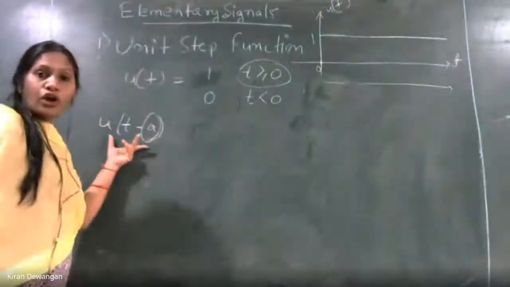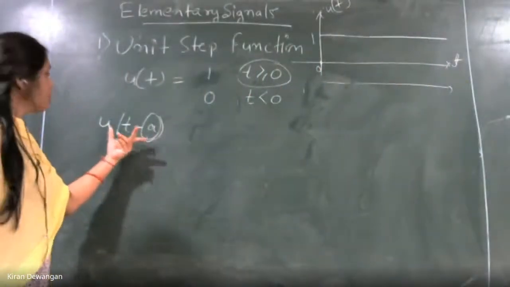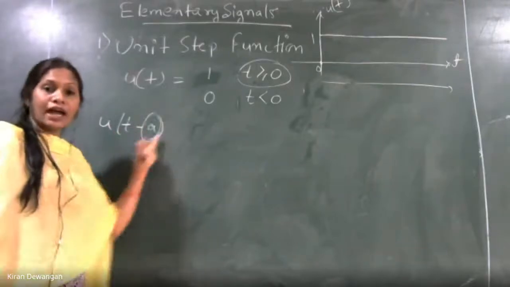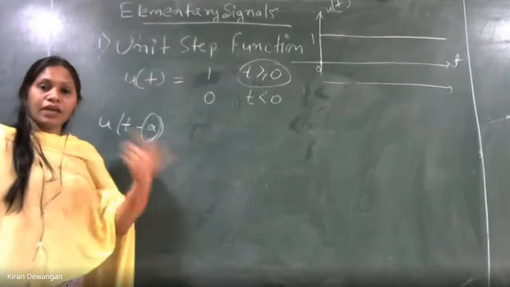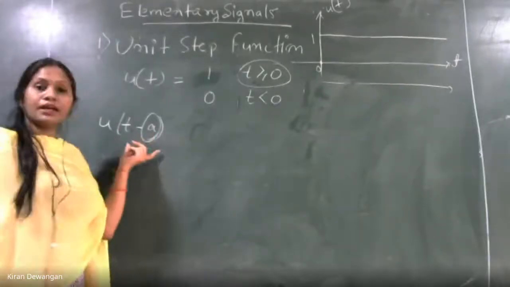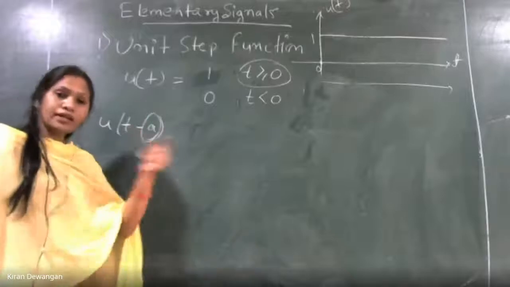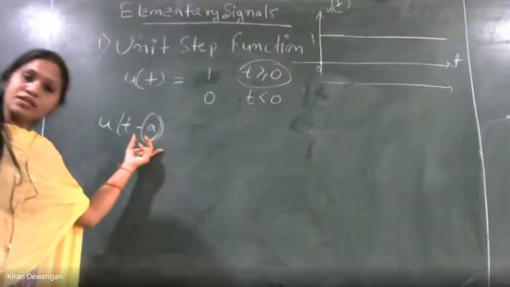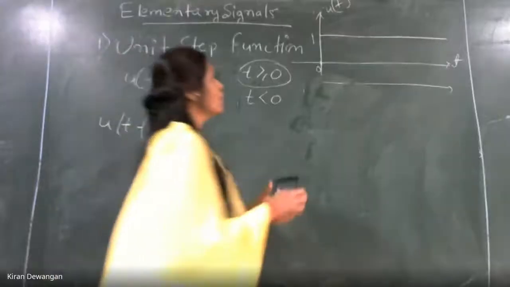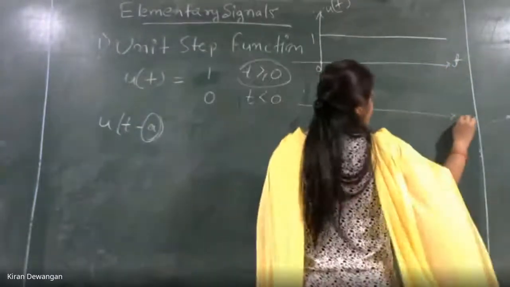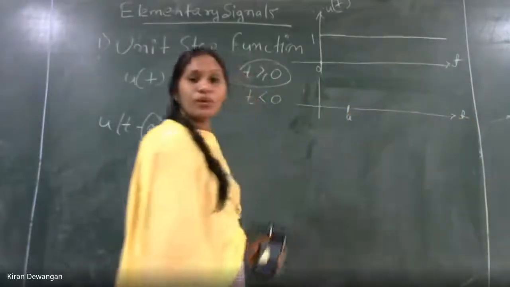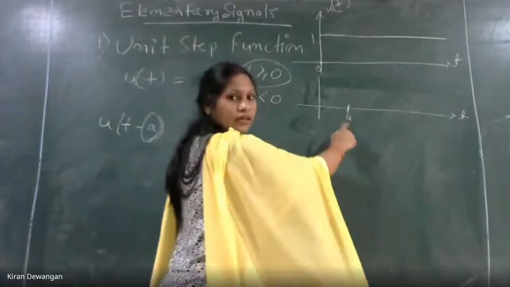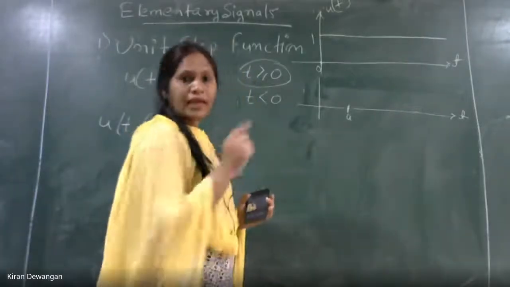Now, if we have to plot u(t minus a), from the entire t we are subtracting a. We are subtracting a from the entire t value. Clear? So what is it going to be? Here we have the same t. Now let us say somewhere here I have a value a. At this point we have a value a.